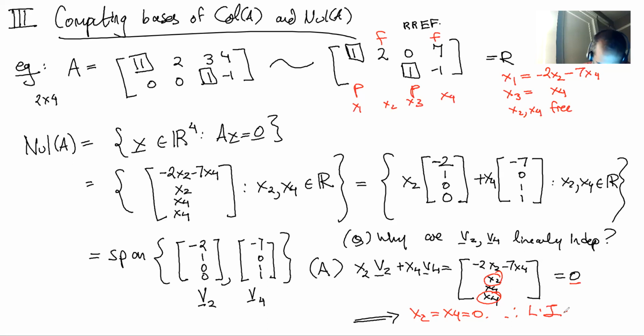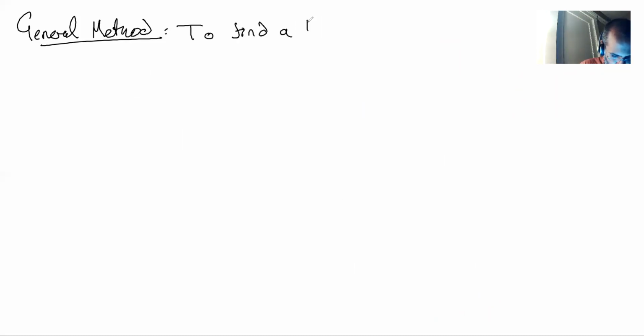So what's the summary or general method? To find a basis for the null space of A, there are two steps. One is to find the general solution of the homogeneous system.